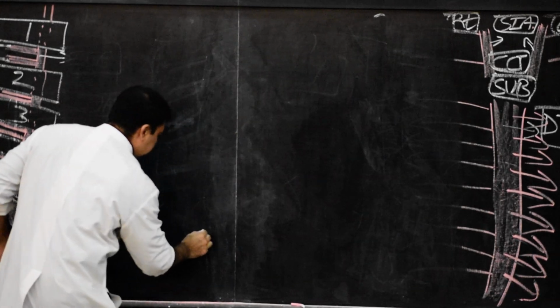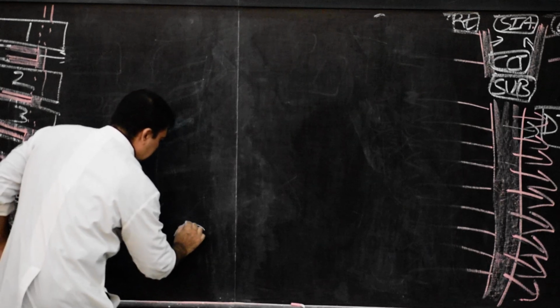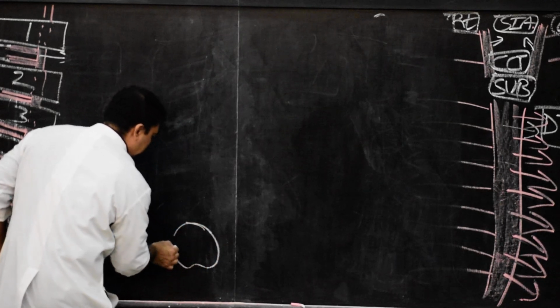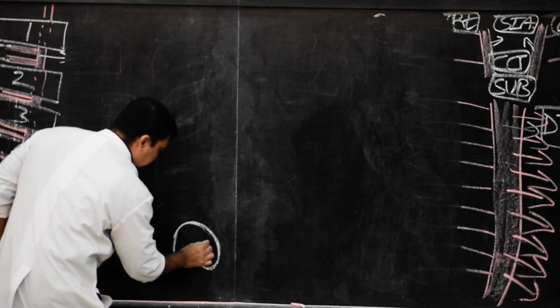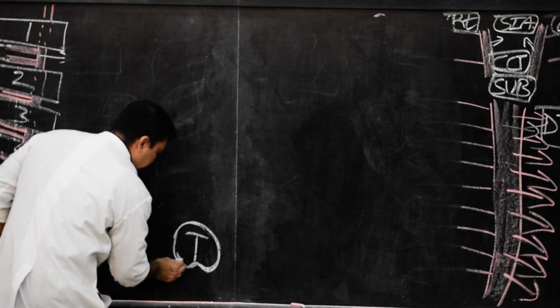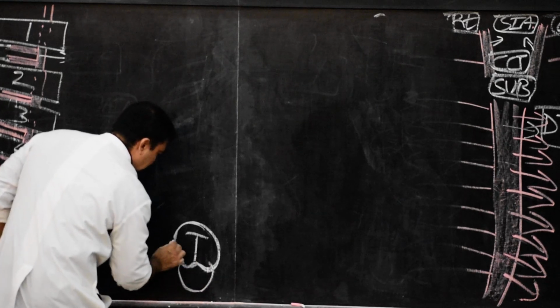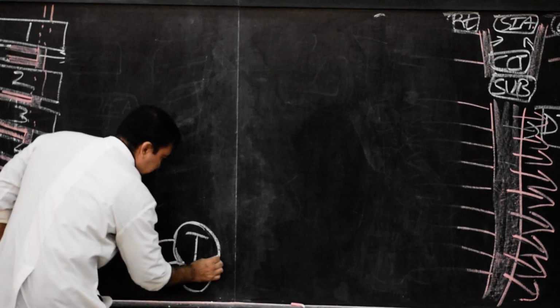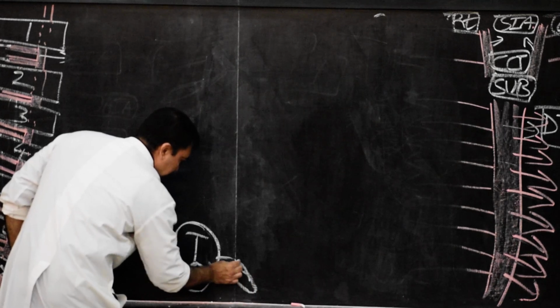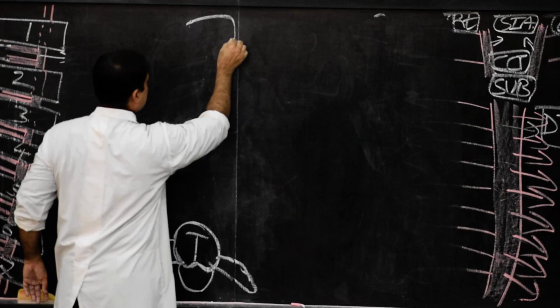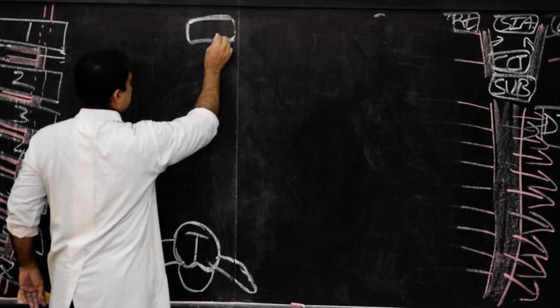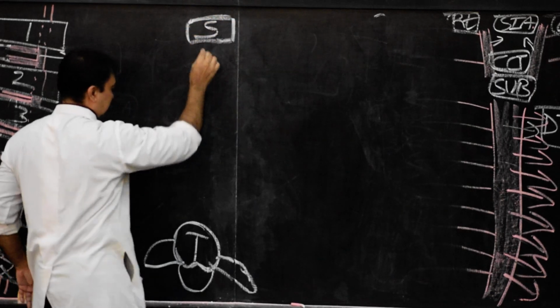So here, very simple, we first draw the cross section of a thoracic vertebra, and in it we will show the transverse process, and just anterior to it we are going to show the cross section of a sternum.